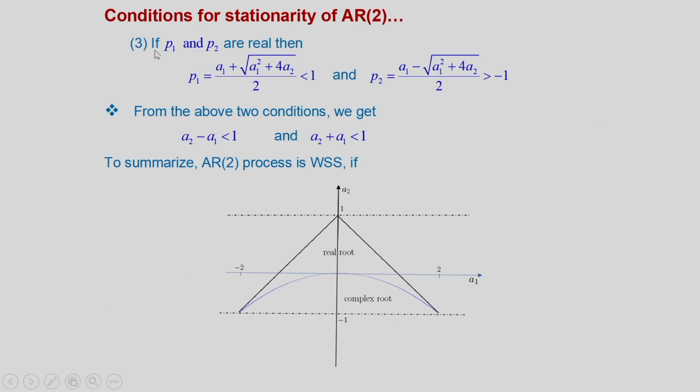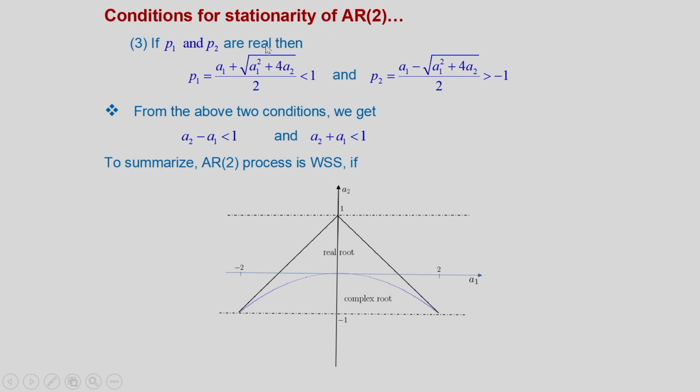Now, condition 3, if P1 and P2 are real, then the magnitude of both roots P1 and P2 will be less than 1. Now, this is the larger root out of the 2, therefore its value must be less than 1, and this is the smaller root because of this minus sign. So, this must be greater than minus 1.